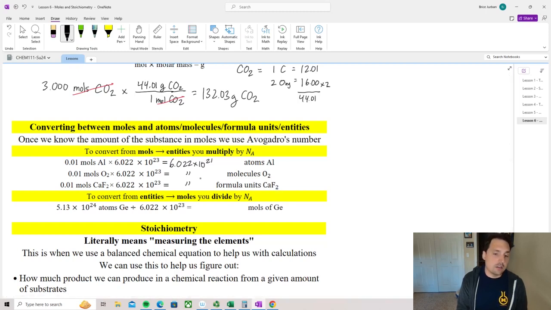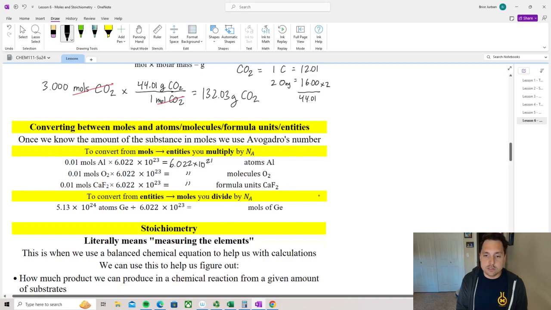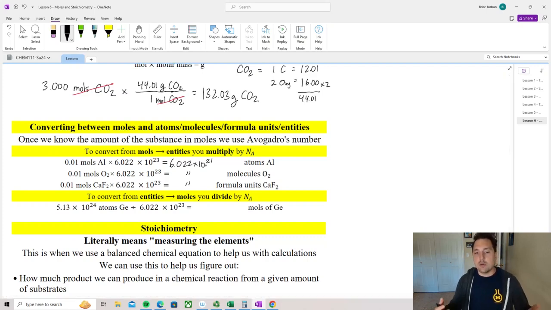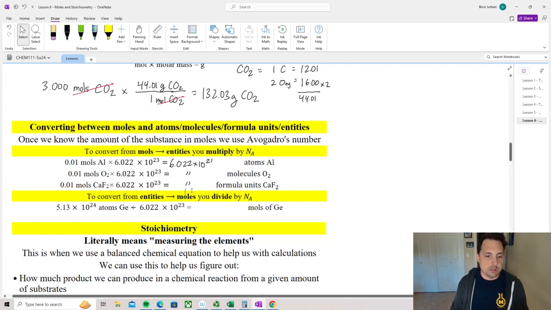That's the kind of standard name for it. A formula units of CaF2, so we can do the same thing with that. The generic name for all of these are entities. So atom, molecule, formula units, ions, objects, apples, they're all referred to as entities. So that's what this means.